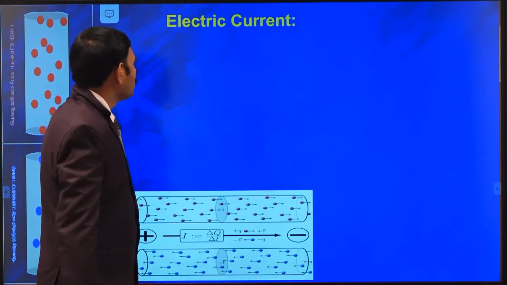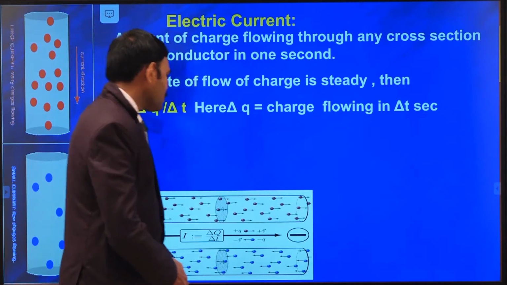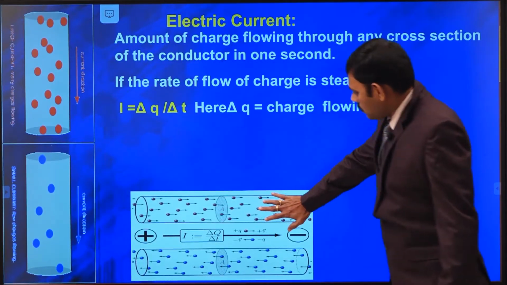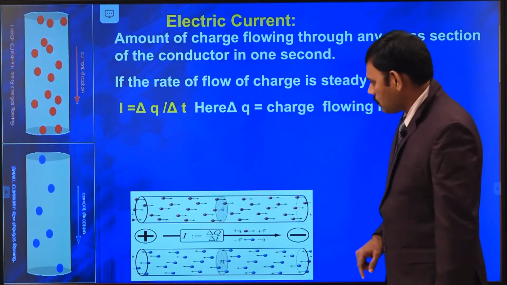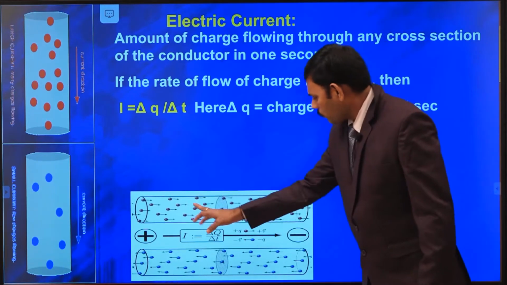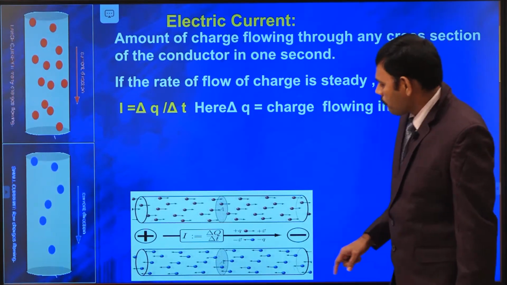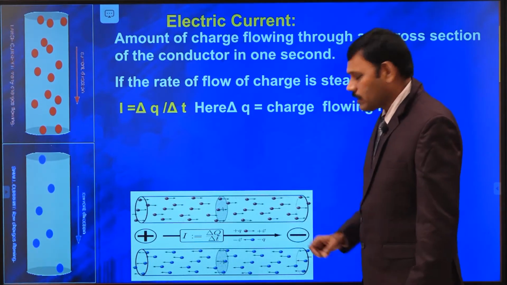So the first one is the definition of current. When you consider this video, either the vertical one or the horizontal one, you are observing electrons moving. These are the flow of electrons. Here, some electric field is applied between the ends of the conductor.